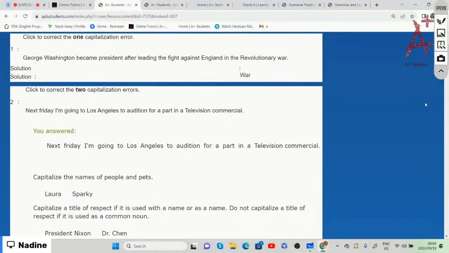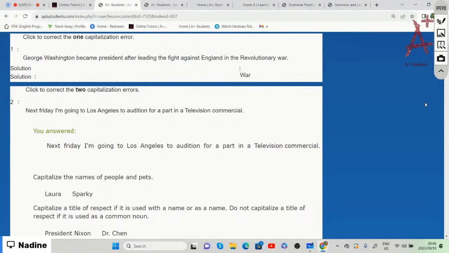In the meantime, just to refresh, capitalization is very important whenever we are writing, within sentences, and even engaging with people, especially through writing, because there are a lot of titles, names, and even titles of respect that need to be capitalized.